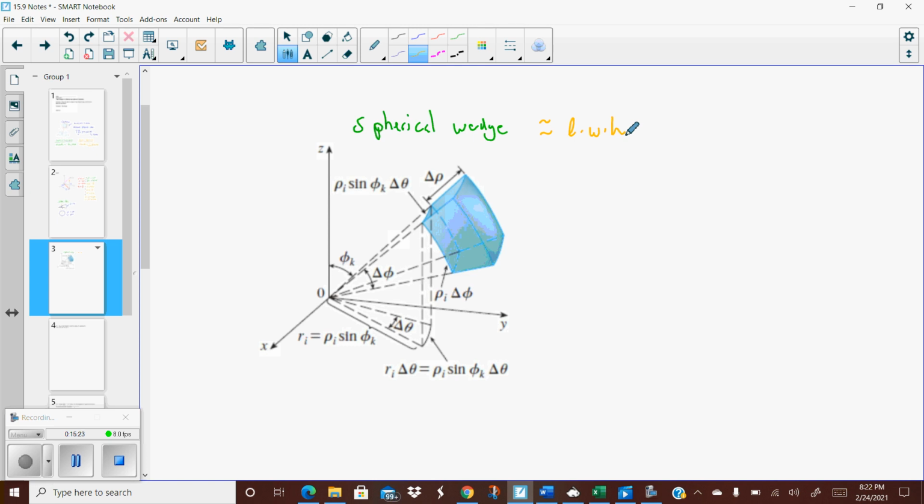So let's kind of develop this. If we were to look at the rho part, I'll try and do this in different colors here so we can see this. Rho is the length from the origin out to the edge of the box. But there's technically two edges of this box.